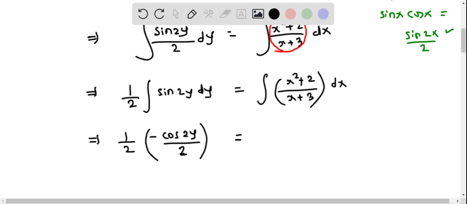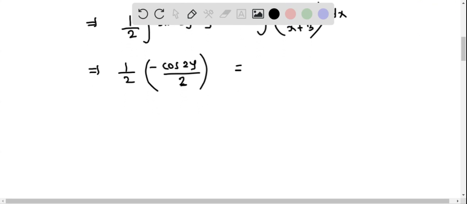And this is equal to, let's do the long division over here. So we have x squared plus 2 divided by x plus 3. First we take the highest term of the divisor and the dividend.